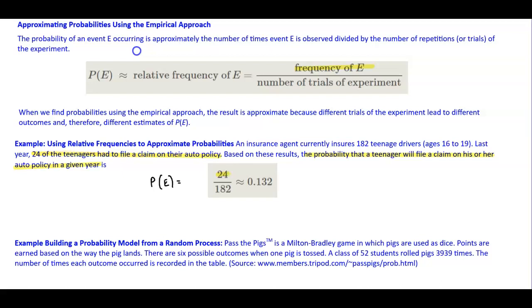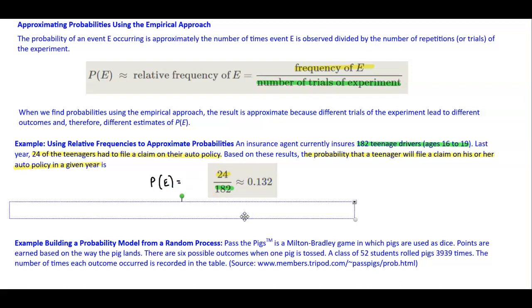So that means 24 is in the numerator. Then we divide it by the number of trials in the experiment, that is, how many teenage drivers there were. Well, there were 182 teenage drivers. So we're going to take 24 and divide it by 182. So the probability of this event occurring is approximately 0.132.